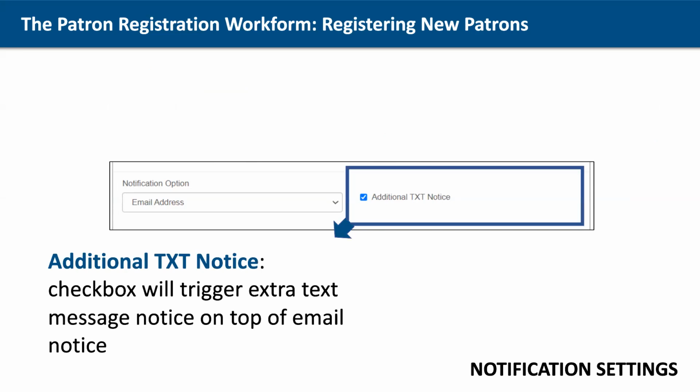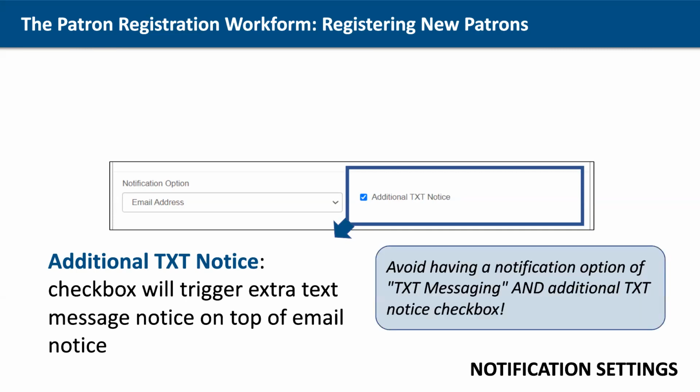The additional text notice. Patrons can choose to receive an additional text message for most notices on top of their email notice by selecting this additional text checkbox. Now, if the patron wants an email notice and that additional text notice, you can set their preferences up like in the screenshot here.